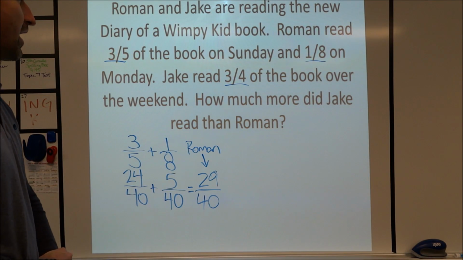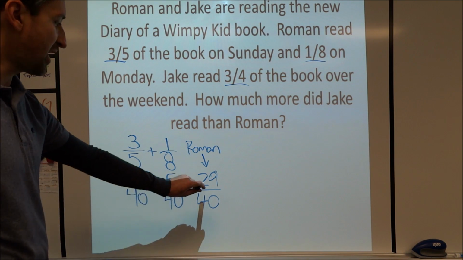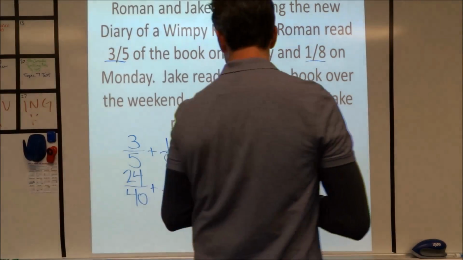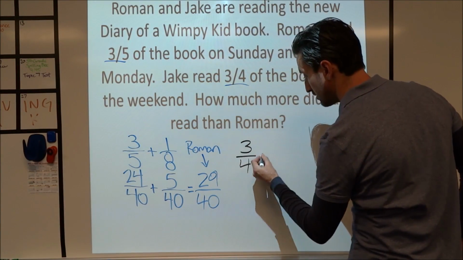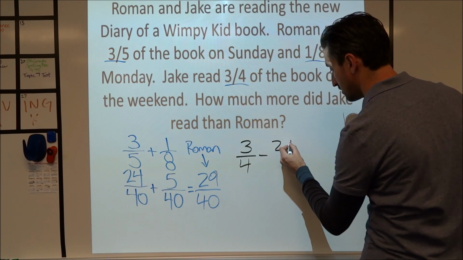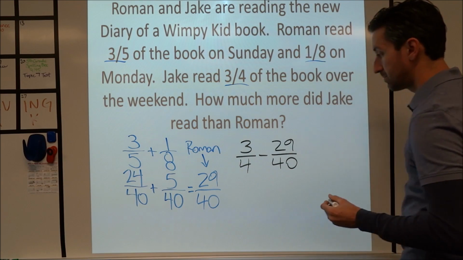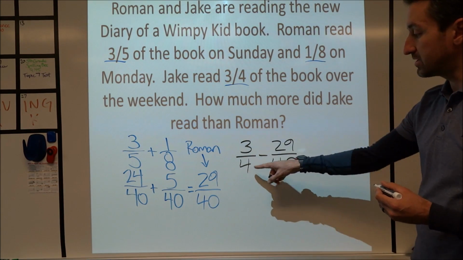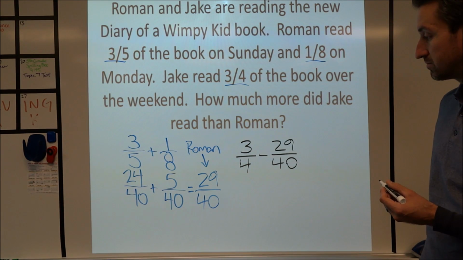Now, to find out how much more Jake read, I need to subtract 29/40ths from 3/4. I can't subtract yet because they have different denominators, so I need to find a common denominator.